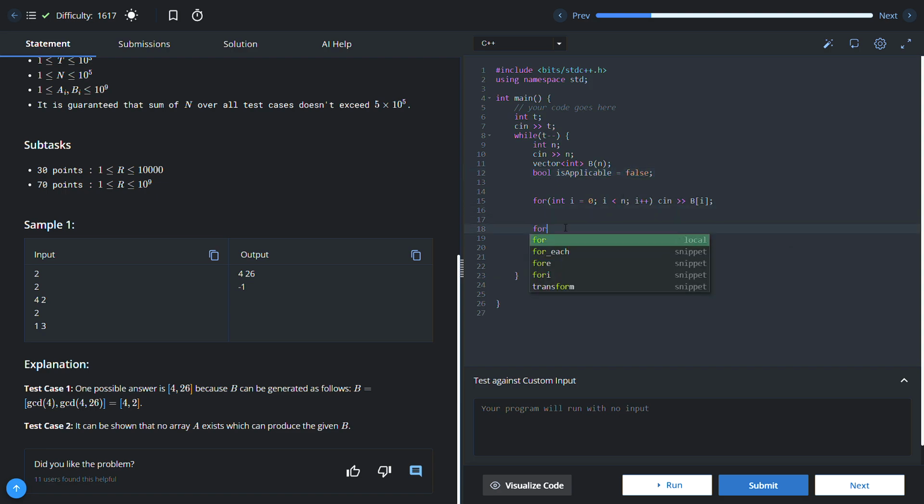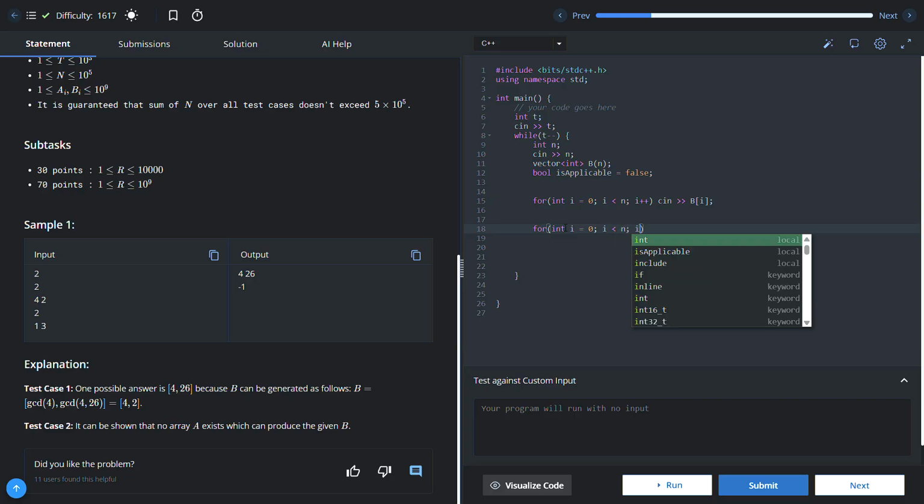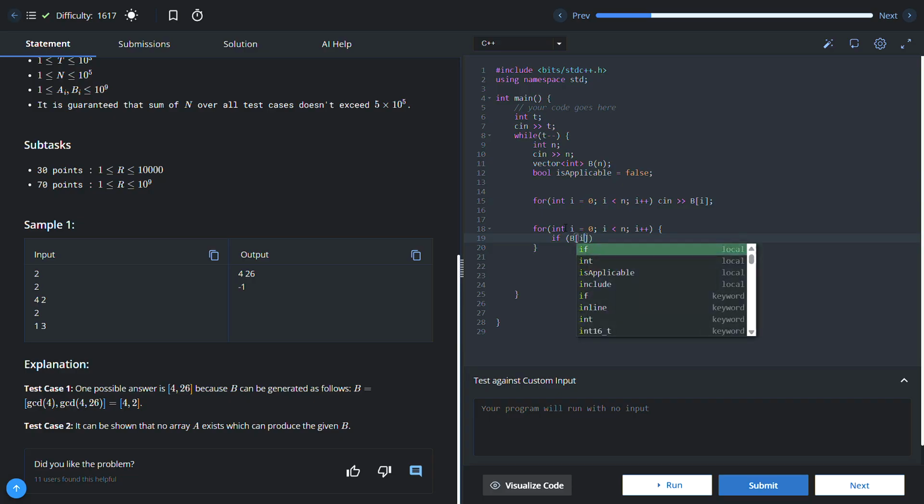Okay, now we can iterate over this loop. i is equal to 0, comma i is less than n, i plus plus. If b of i minus 1 modulus b of i, so this i will be negative.